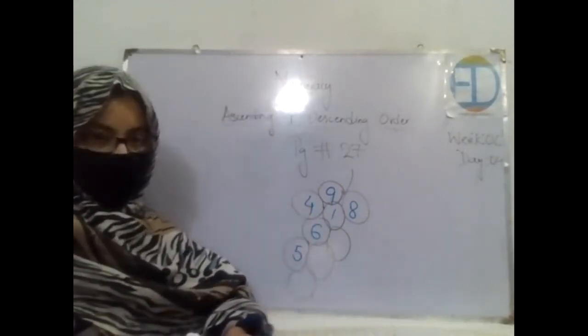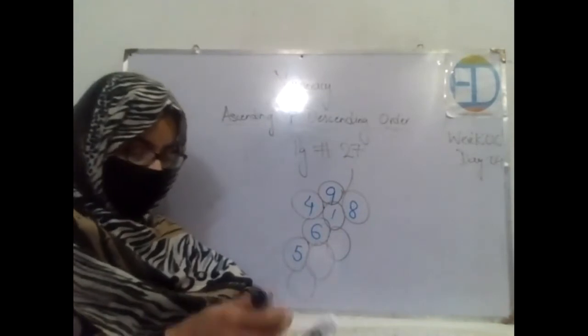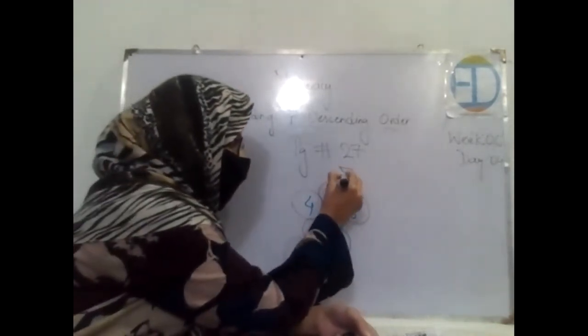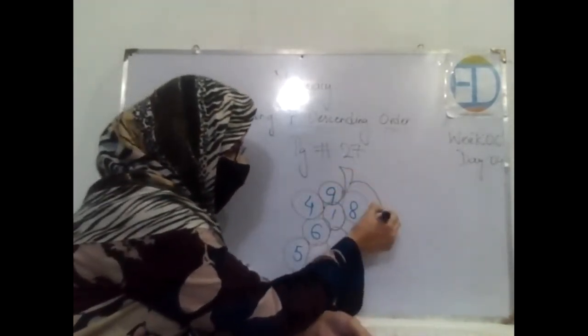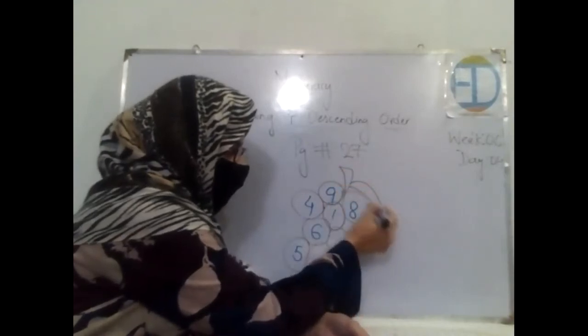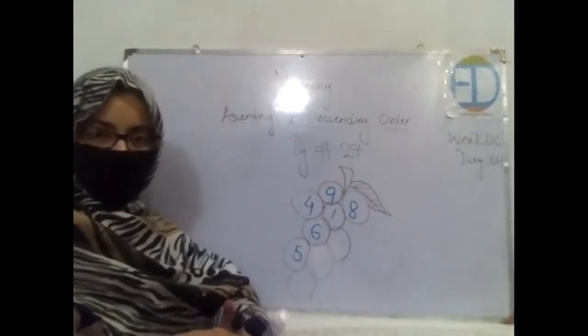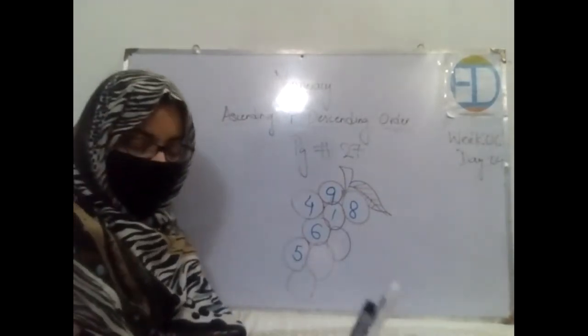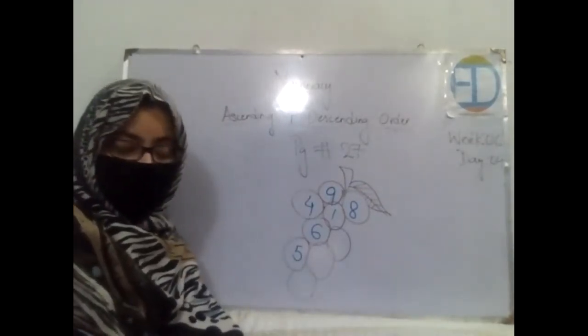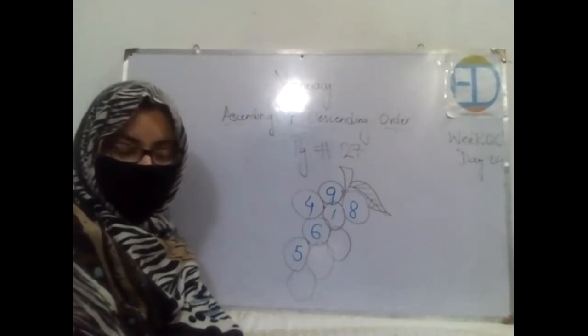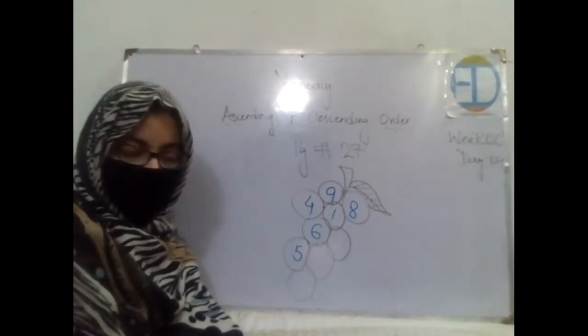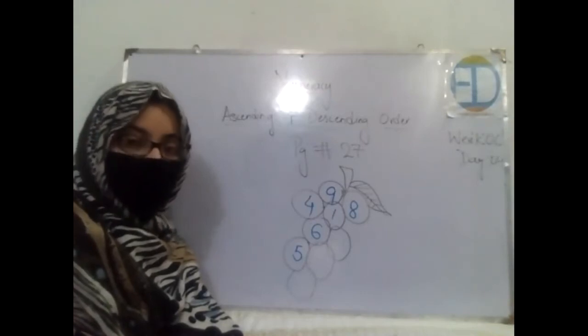These are the numbers, and you are supposed to write them in the form of ascending order. So hurry up, start writing. Tell me who is going to tell me what would come first. Guess what would be the number. We will start from 1.